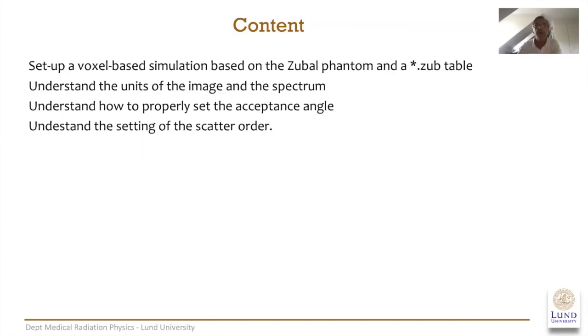I will talk about the scatter order and how to select that, and how to add noise to the images. And I will show an example of how, from the Zubal phantom, which is a normal distribution, you can add tumors to that phantom or any other voxel-based phantom that you have.